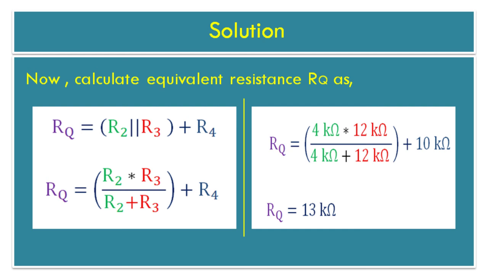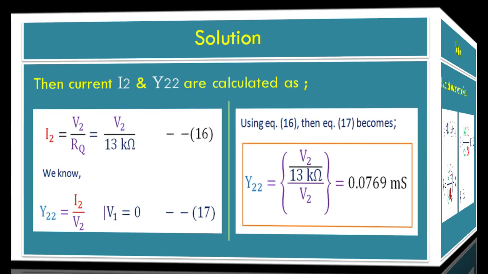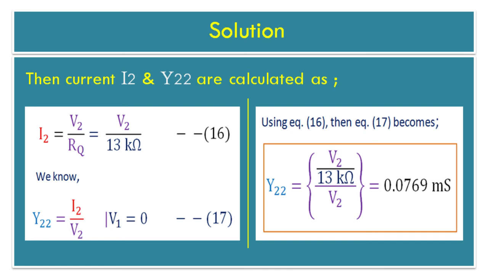After calculation, we get equivalent resistance is equal to 13 kilo ohm. Using value of equivalent resistance, calculate current I2 and Y22 as current I2 is equal to voltage V2 divided by equivalent resistance, which is equal to voltage V2 upon 13 kilo ohm, which is given by equation 16.